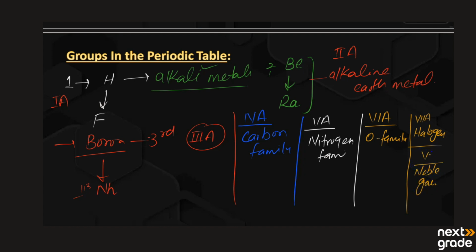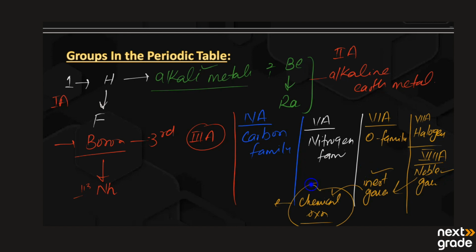This is group 8A. Why is group 8A known as noble gases? Because it includes the inert gases. Inert gases do not participate in chemical reactions; they have no affinity towards chemical reactions. That is why these are known as noble gases or inert gases.